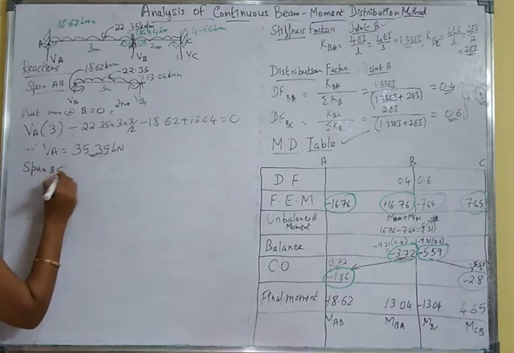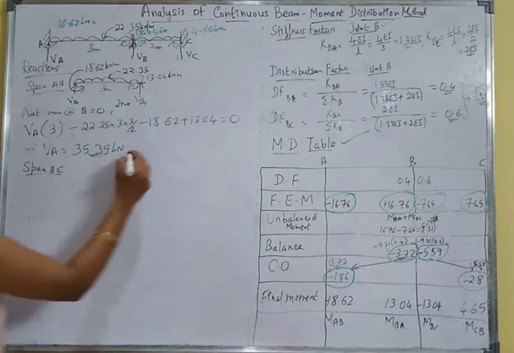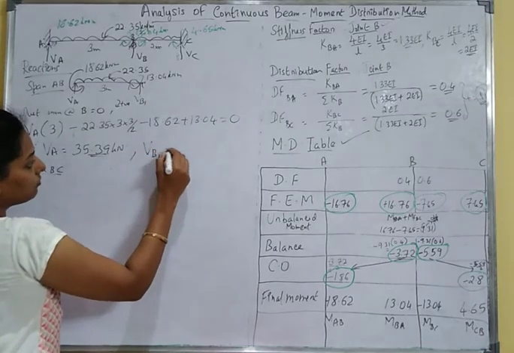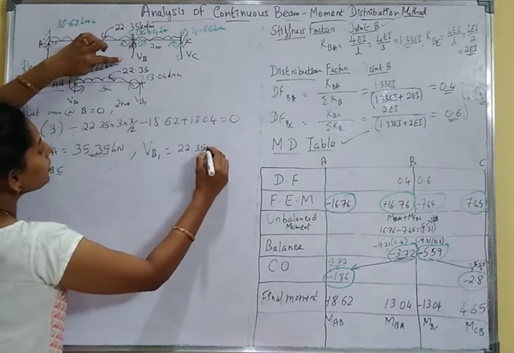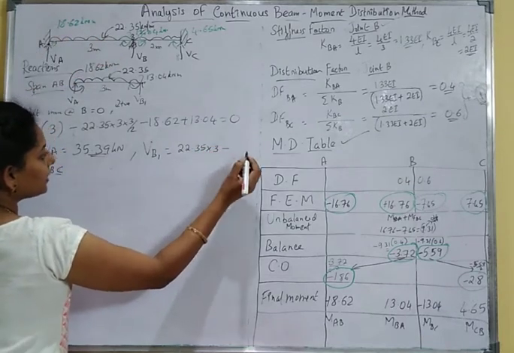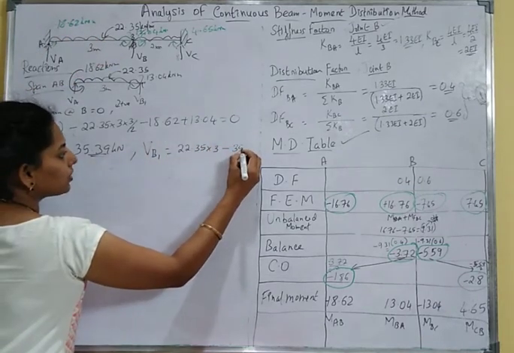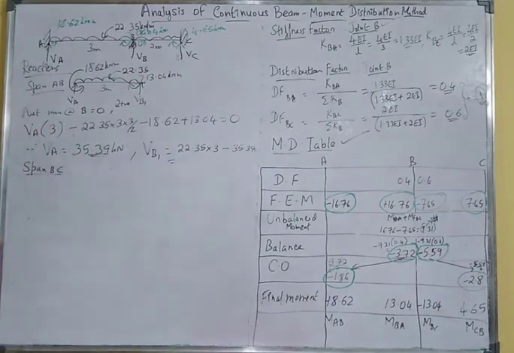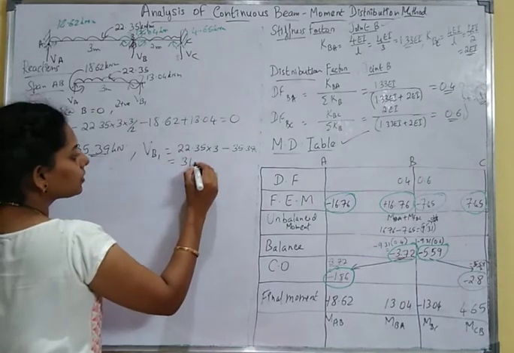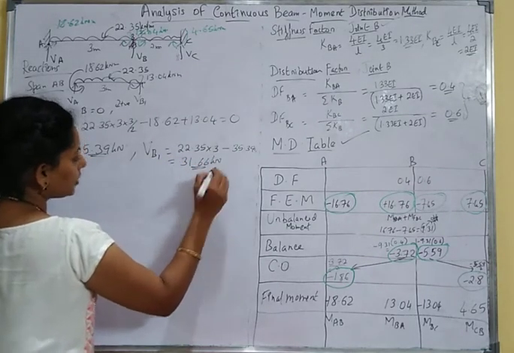Next, consider span BC. You can find out here BB1. BB1 is nothing but 22.35 into 3 minus 35.39. You will have 31.66. Okay.